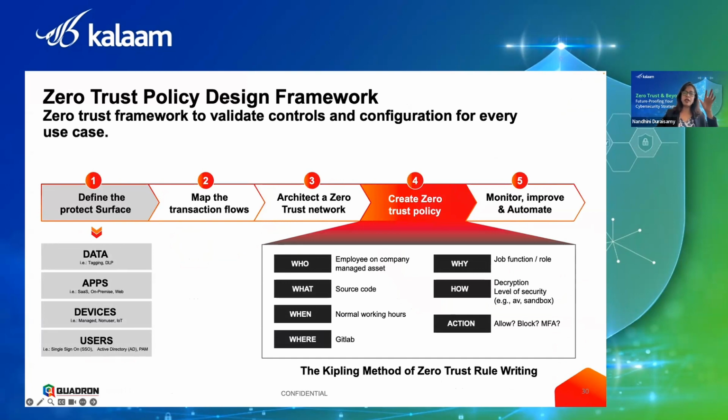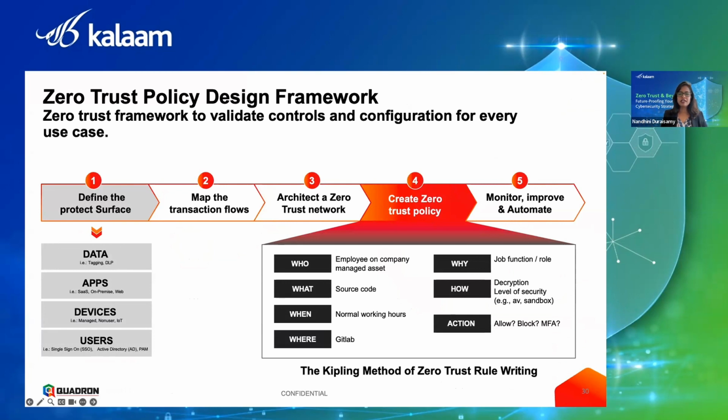Now, what is the Kipling method? This is very interesting. The Kipling method is an approach to implementing the zero trust security model. If you have heard about the poet Rudyard Kipling, he had a poem called The Elephant's Child, which begins with the phrase, I keep six honest serving men.